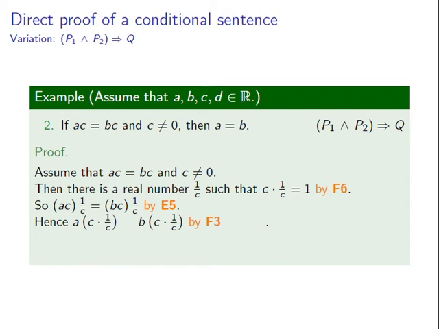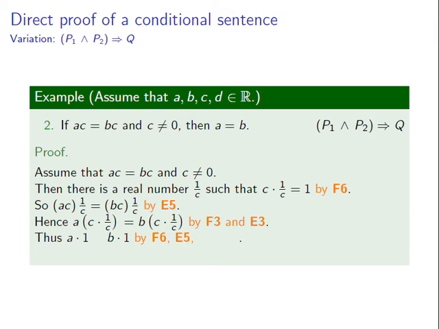By the associative property of multiplication, AC times 1 over C is equal to A times the product C times 1 over C, and BC times 1 over C is equal to B times the product C times 1 over C. By the transitive property of equality applied twice, we get A times the product C times 1 over C is equal to B times the product C times 1 over C. Since 1 over C is the multiplicative inverse of C, the product C times 1 over C is equal to 1.